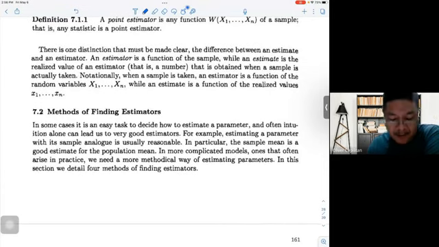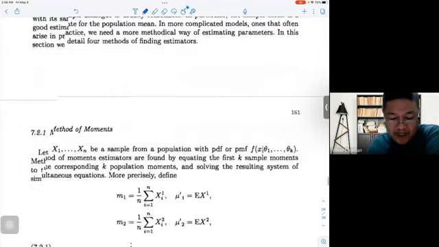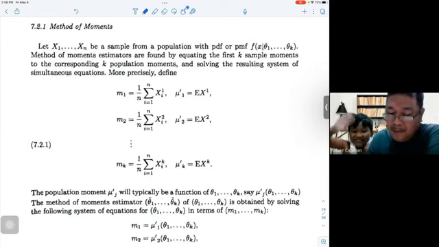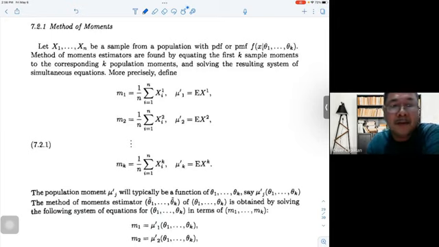And then we have here the methods of finding estimators. The first one is the method of moments. Let x sub 1 up to x sub n be a sample from a population with PDF or PMF with k parameters. The method of moments estimators are found by equating the first k sample moments to their corresponding k population moments.